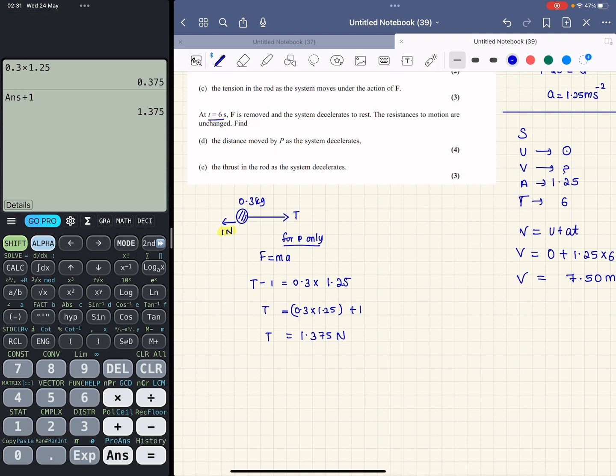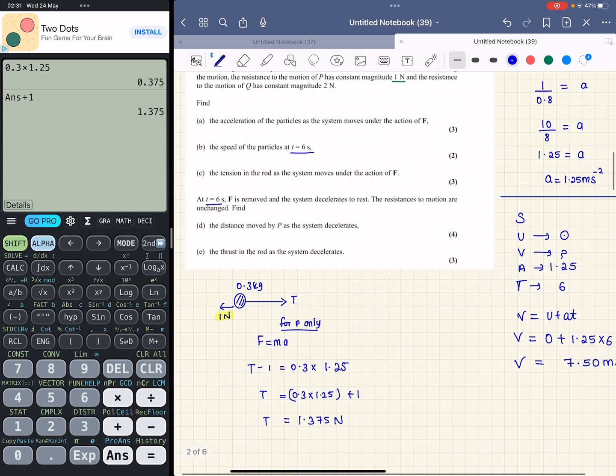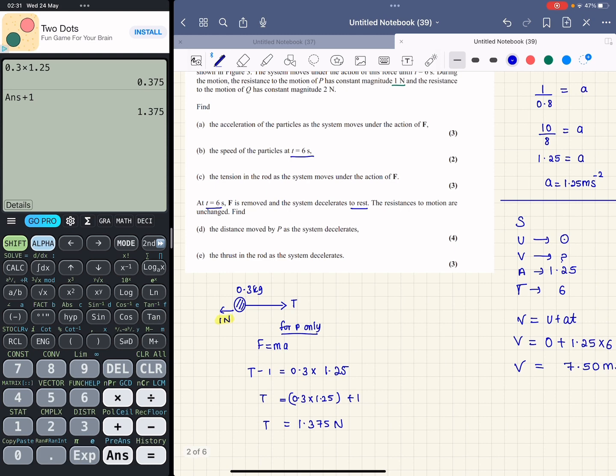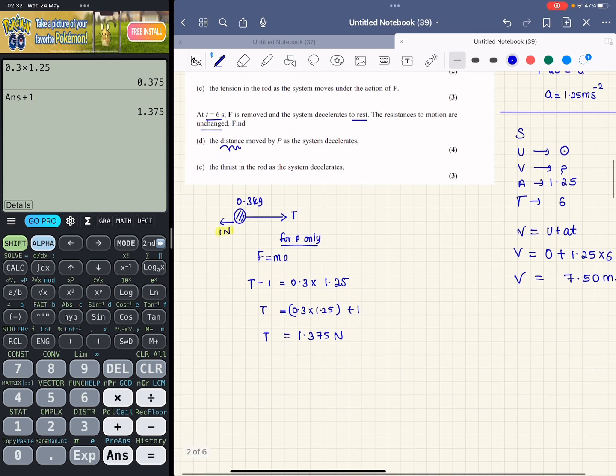At 6 seconds, the force is now removed and the system decelerates to rest. The resistance to the motions are unchanged, and they are asking the distance moved by P as the system decelerates. So part D is another SUVAT.